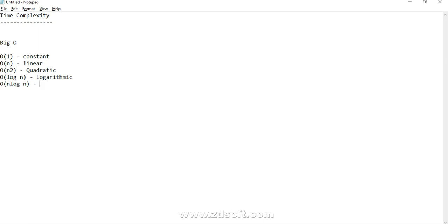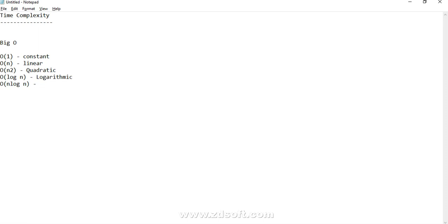So far I think this is enough for us, if we know these time complexities. Order of 1 means constant, order of n means linear, directly proportional to the input size, order of n square is quadratic, order of log n is logarithmic, which we usually have when we divide our input into smaller chunks at each step of our algorithm.